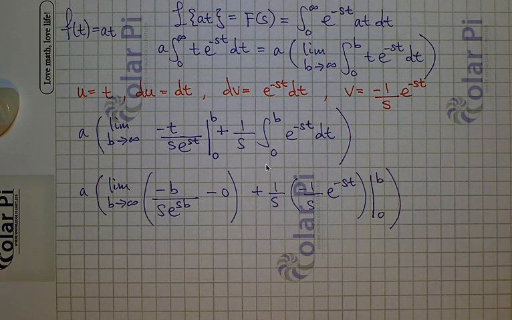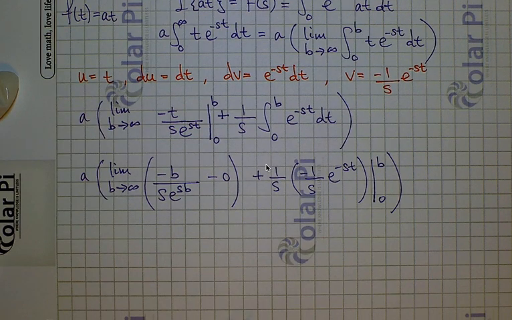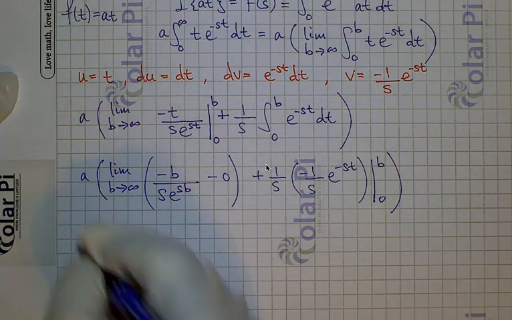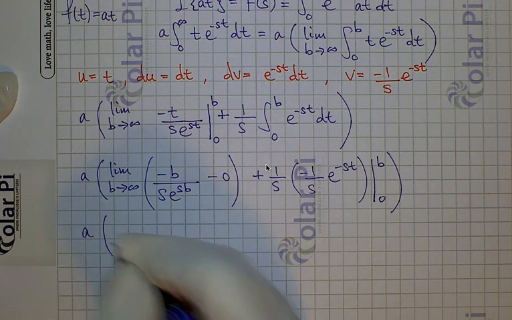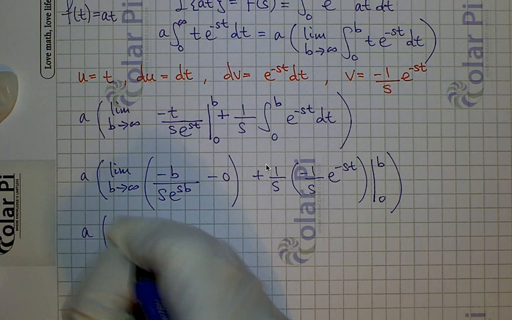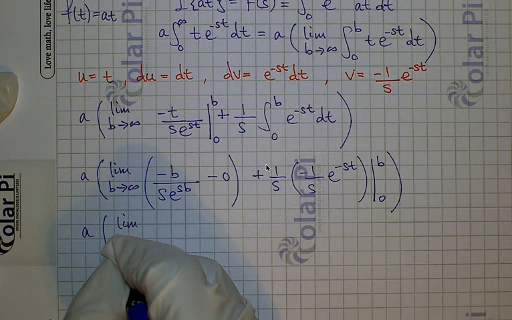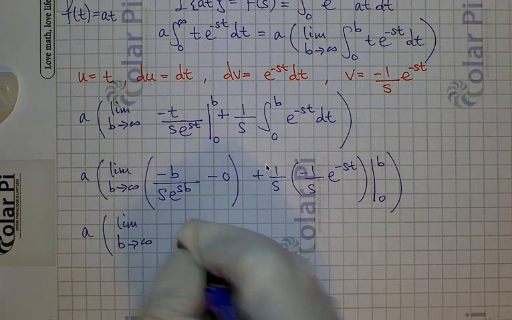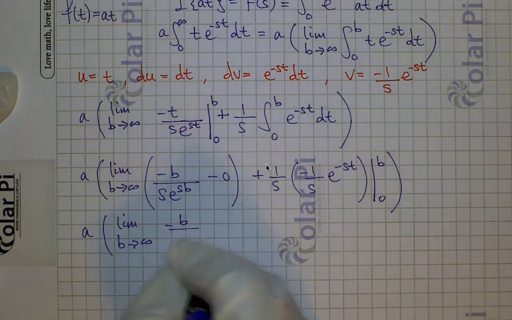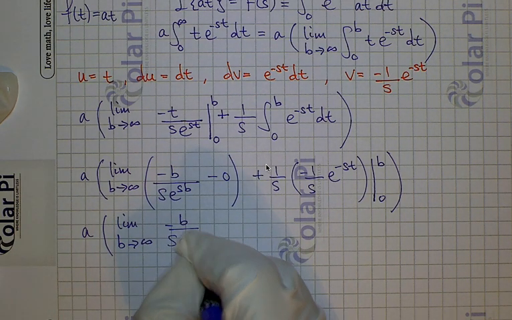Next, we can write the following: a times the limit as b goes to infinity. Here I just have negative b over s e to the sb.